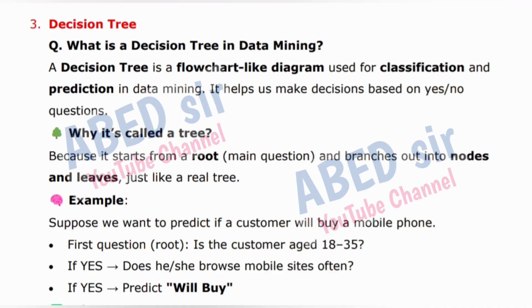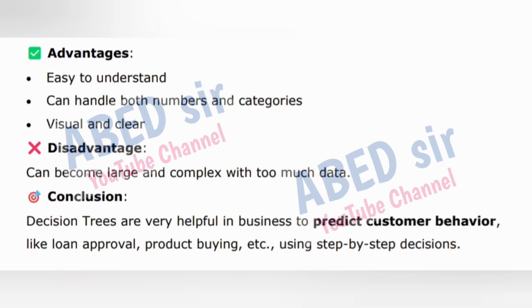Example: suppose we want to predict if a customer will buy a mobile phone. First question, root: is the customer aged 18 to 35? If yes, does he/she browse mobile sites often? If yes, predict will buy. Advantages: easy to understand. Can handle both numbers and categories.